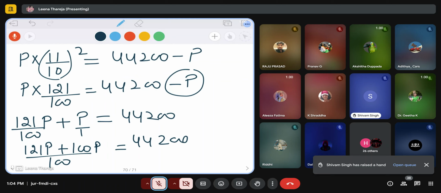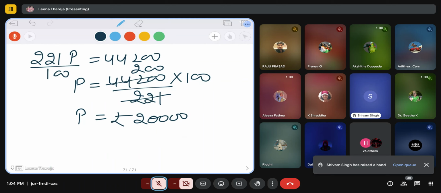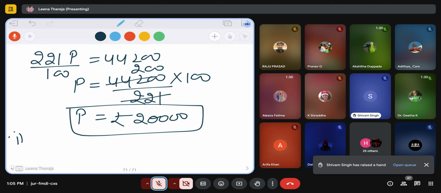Done? Yes, ma'am. Now the value of P is 20,000. And P was the share of whom? John. So this is what they have asked in the first question, share of each, correct?